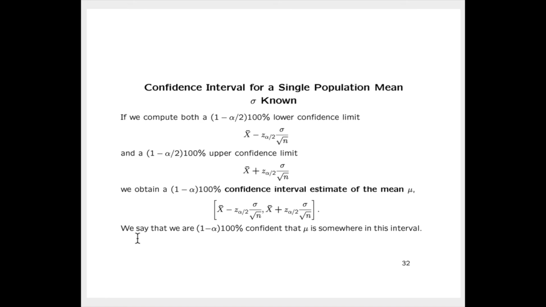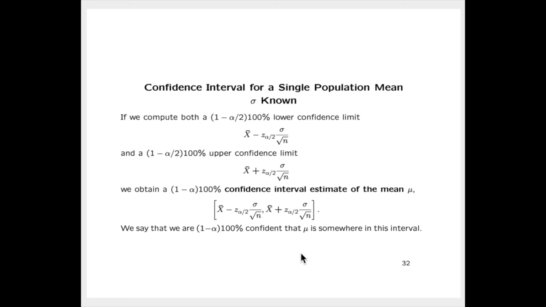And what we would say is that we are 1 minus alpha times 100% confident that mu is somewhere in this interval. And so again, the way that we would interpret this phraseology is that we know we're using a process that has a probability of obtaining a sample for which this two-sided confidence interval has a probability of 1 minus alpha of containing mu.